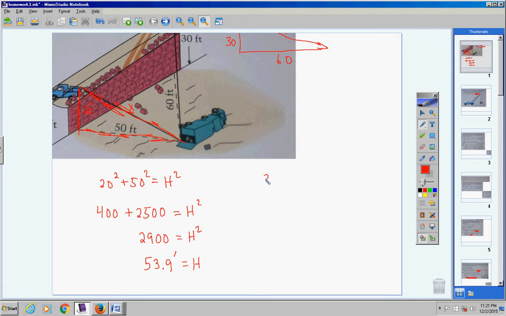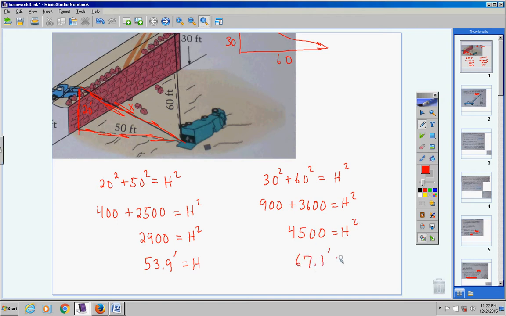Alright, let's find the length of the other cable here. Looks like we have a leg 30 plus a leg 60 equals hypotenuse squared. 30 times 30, 900. 60 times 60, 3600. Add those two together, 4,500. Let's take the square root of 4,500, and we will get 67.1.